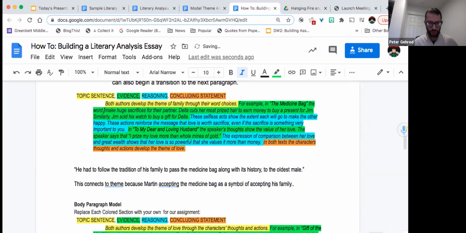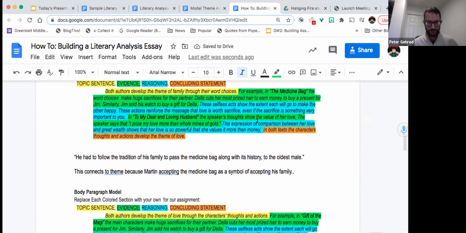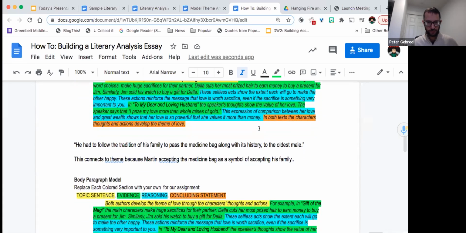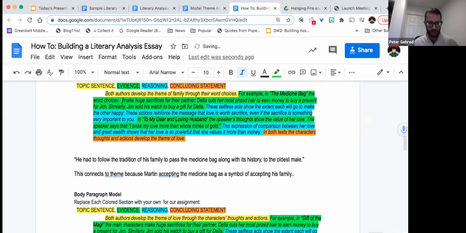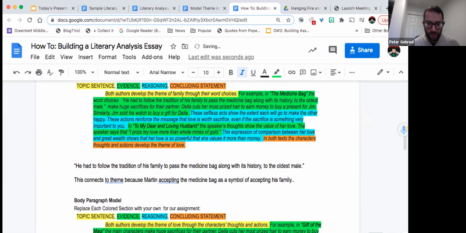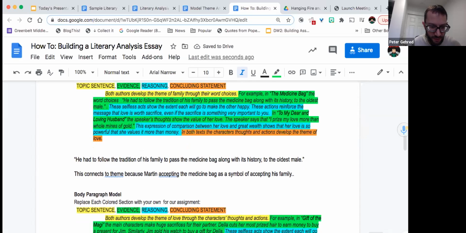So we want to put in word choices. And then for now, we can just go ahead and put in our quote. We're going to do all the other stuff from theirs.